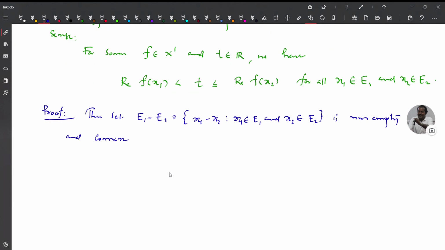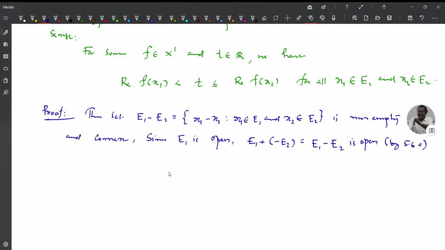Since E1 is open, by 5.6a, E1 plus or minus E2 is open. So E1 minus E2 is open by 5.6a.